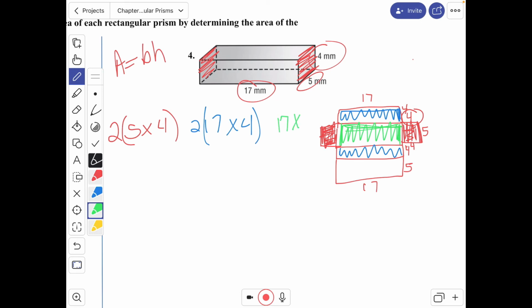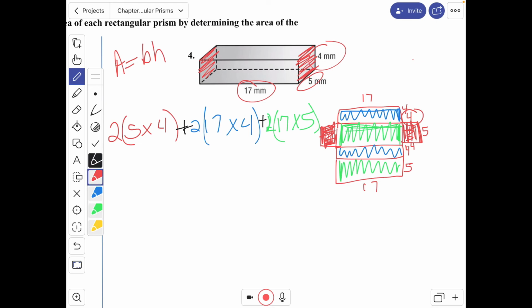So 17 times 5, and there's 2 of those as well. Then we want to add all of those up. So there's the equation. That's going to be the first question. It's going to ask you for an equation. And then we need to solve it.